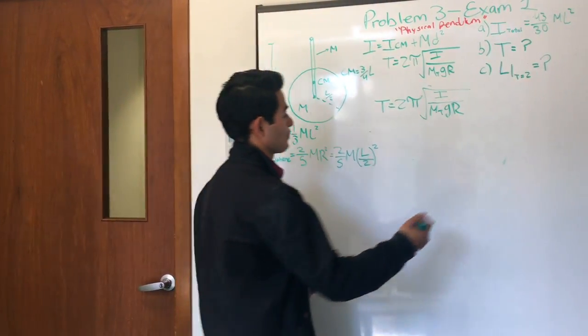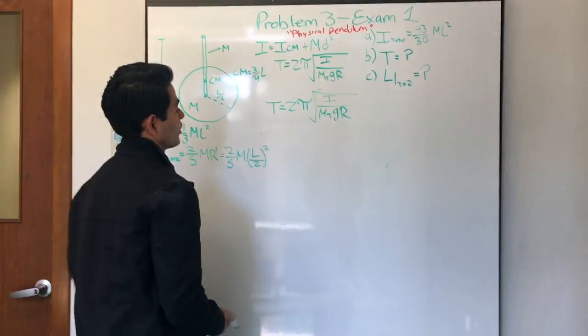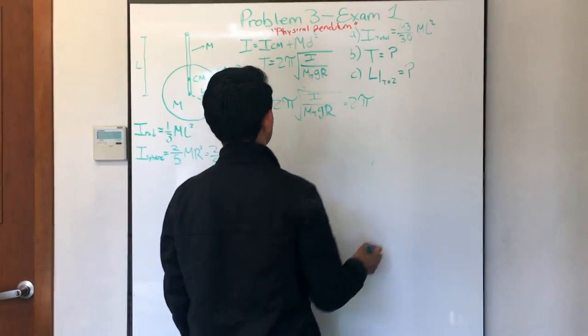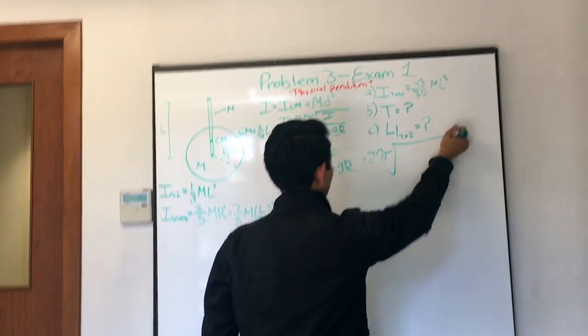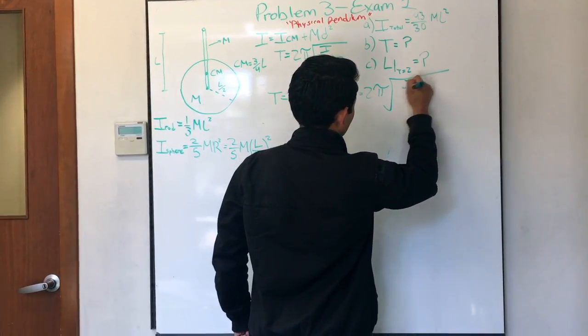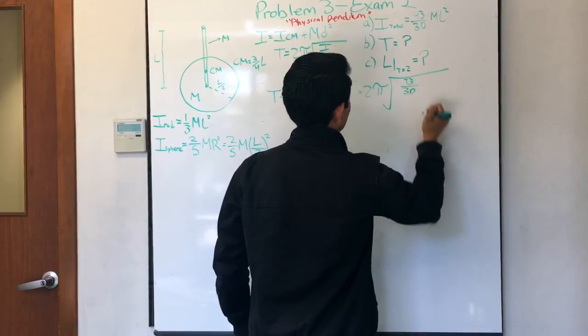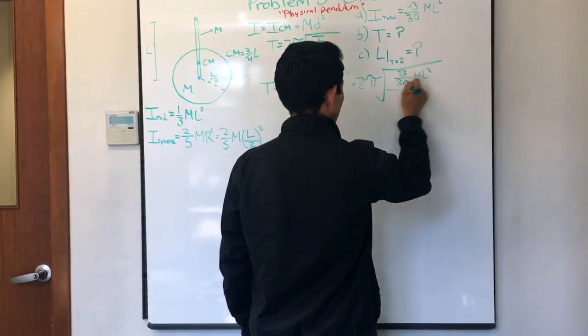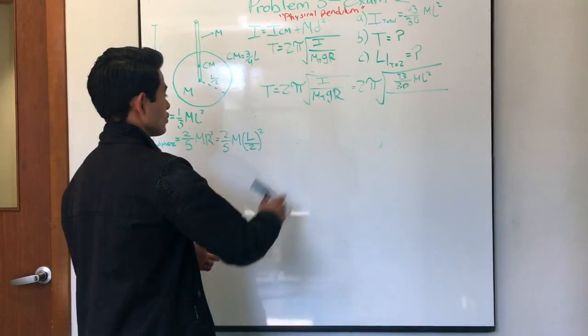If we substitute our values, this is equal to 2 pi times the square root of the inertia, 43/30 of ml squared, over the total mass.